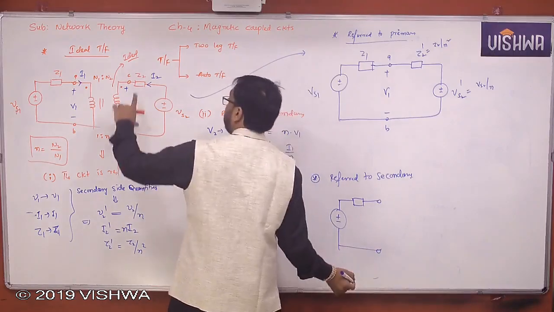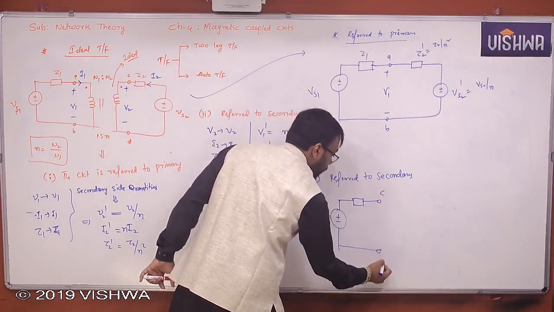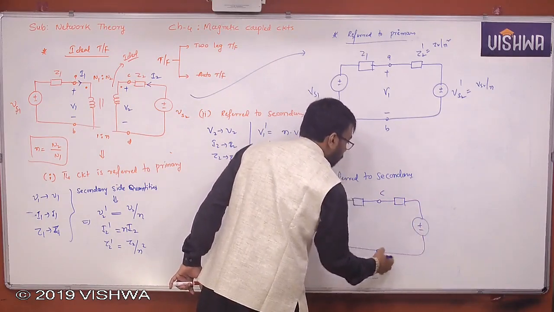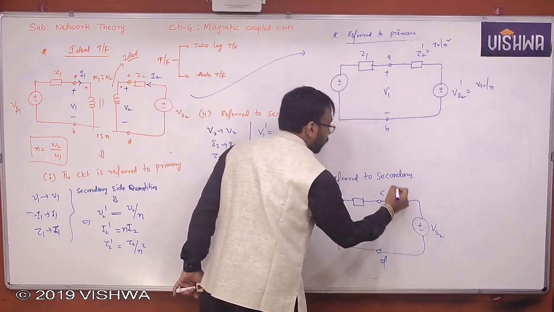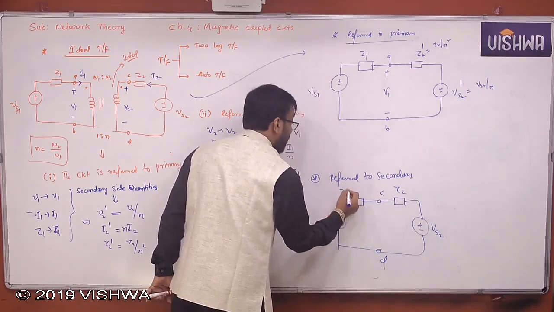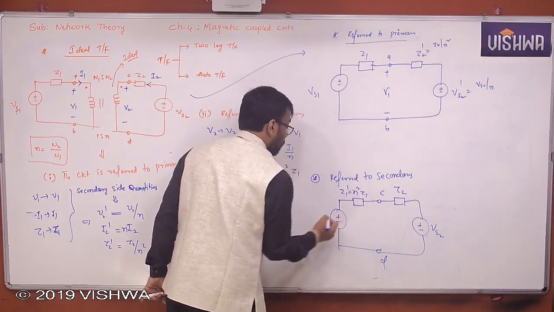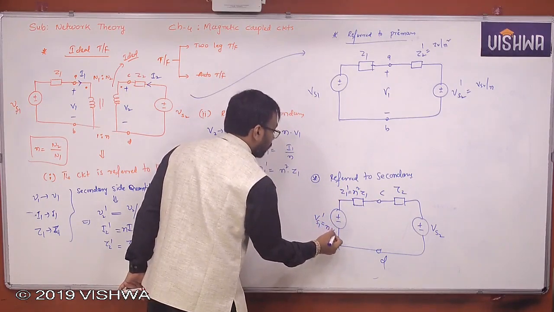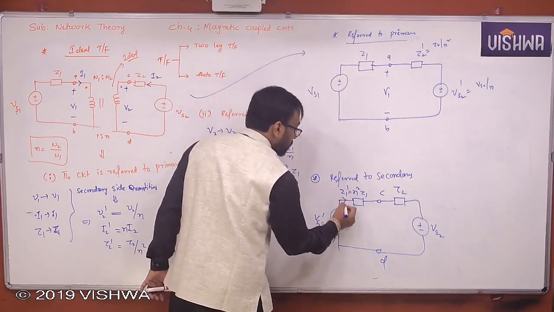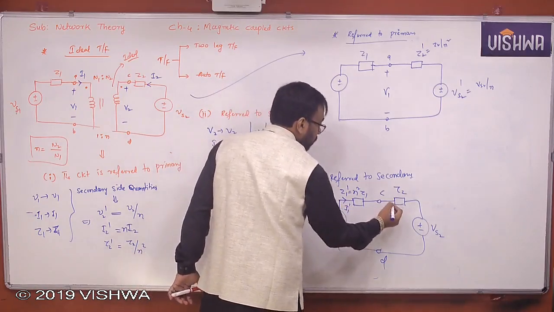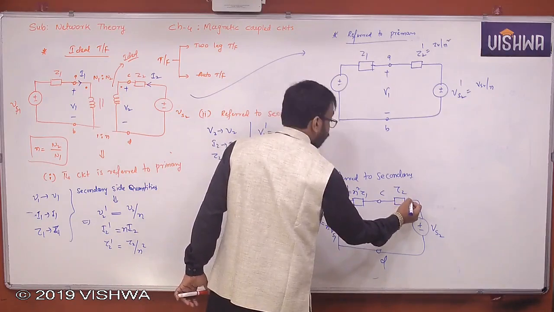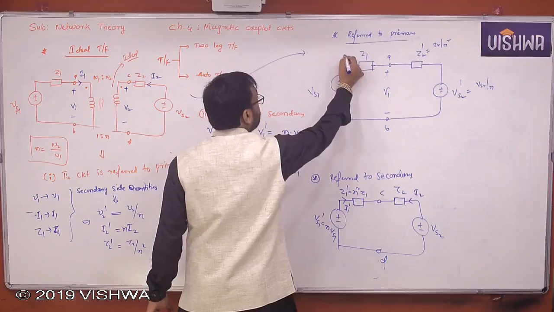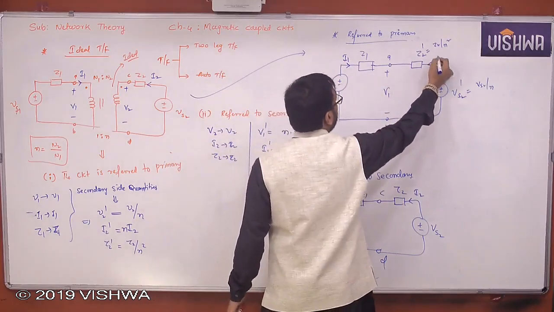Now refer to secondary means CD. This becomes VS2, Z2, but Z1 dash, nothing but N square into Z1. VS1 dash, nothing but N times VS1. This is I1 dash. This is I2. This is I1. This is I2 dash.